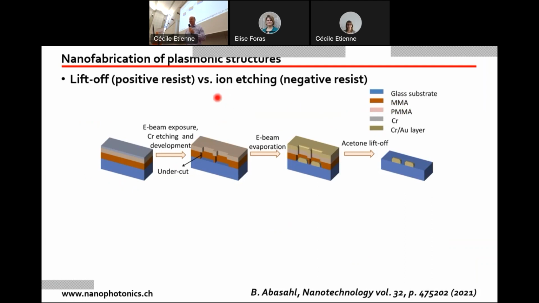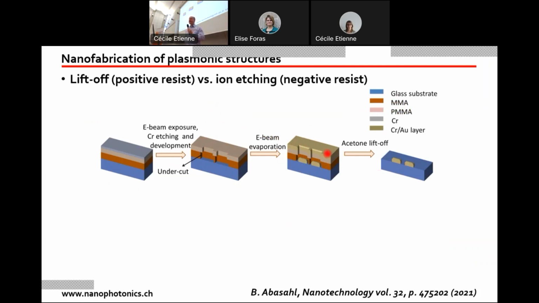It means that when the electron beam writes on the structure, the photoresist just goes away. And this opens up a cavity in which, when you evaporate metal, gold for example, on top, the metal goes through the cavity and is deposited on the substrate.